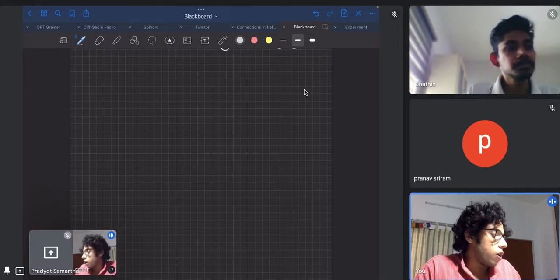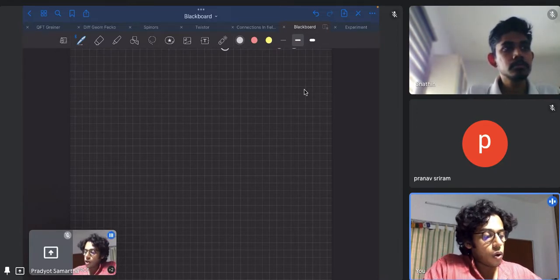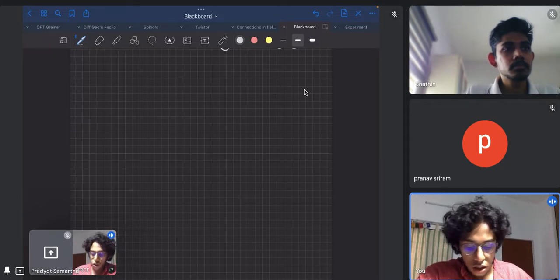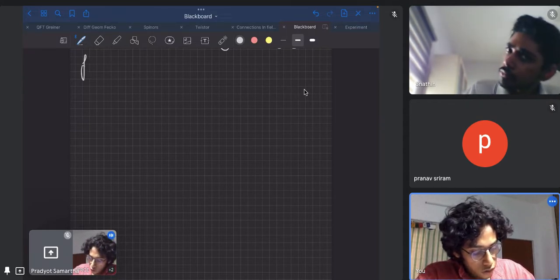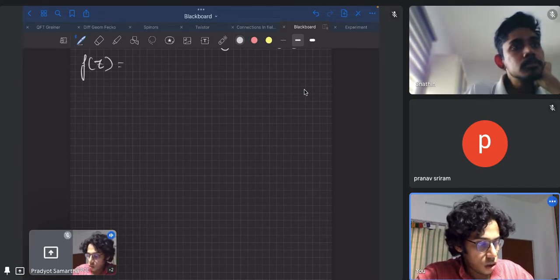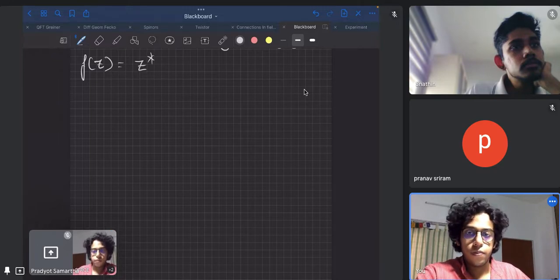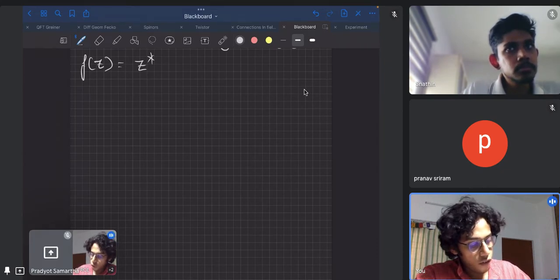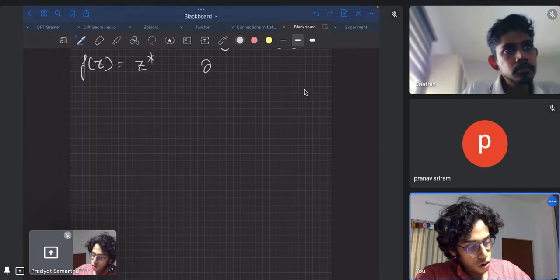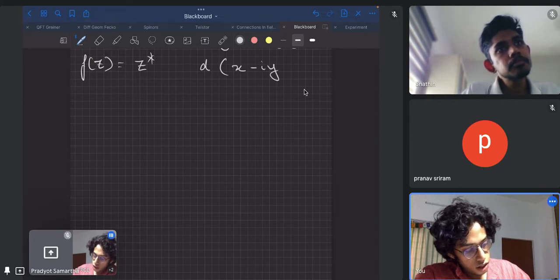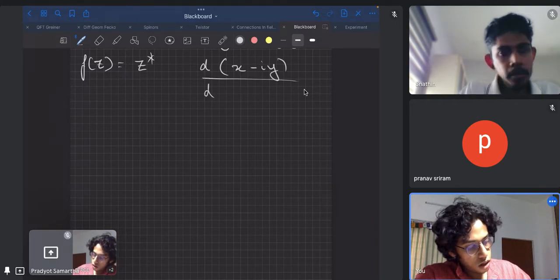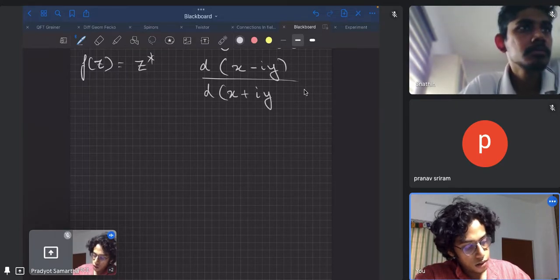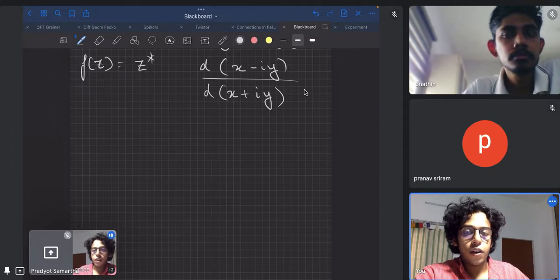So this was the condition that we saw, and to continue on this, we look at a simple example. Let's consider the case where f(z) is equal to z bar. That means you have differentiation of x - iy with respect to x + iy.